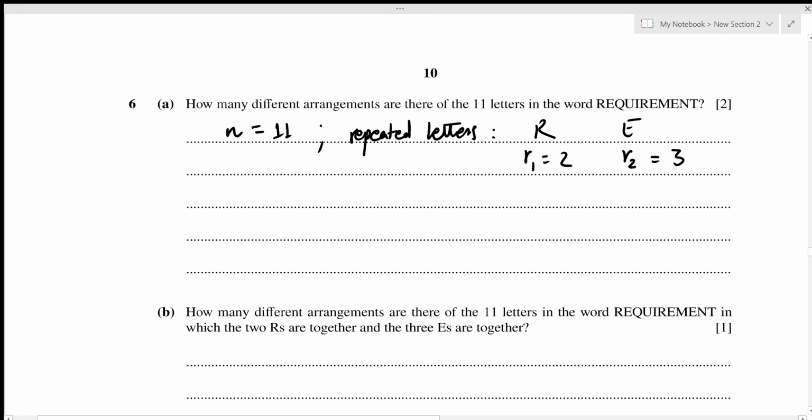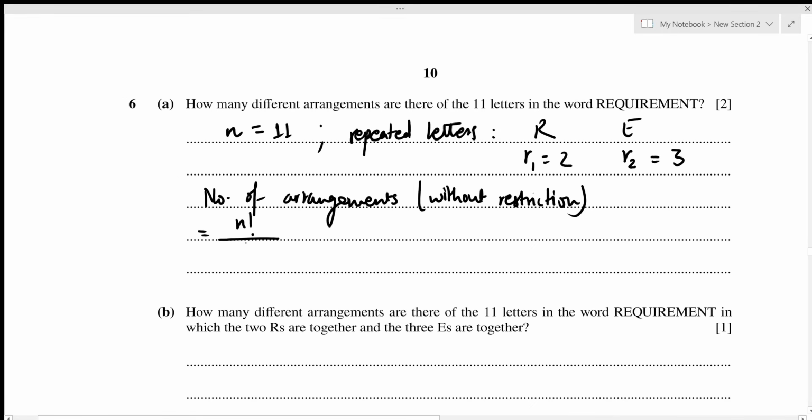Now we need to figure out the number of different arrangements. That's just the number of arrangements, but we're not given any restrictions. So this is a case without any restriction. And this is just going to be the total number of letters factorial divided by the repeated number of letters factorial.